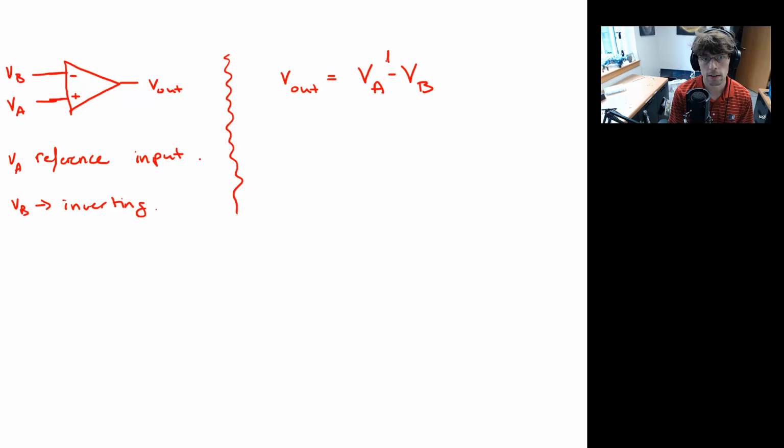Notice again, what have I done? Whatever VB is, I have a negative sign in front of it, so I've inverted. Now, in addition to finding the difference between those two, there is generally some sort of scaling factor. We don't call it a scaling factor. Generally, what you'll see this expressed as is the gain.